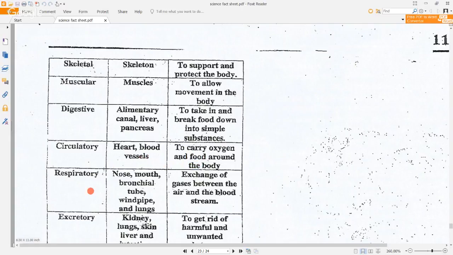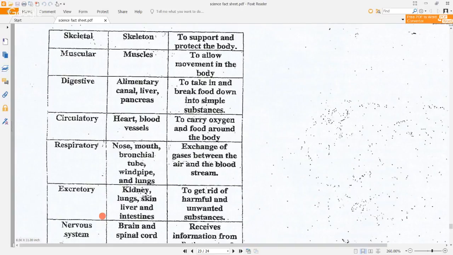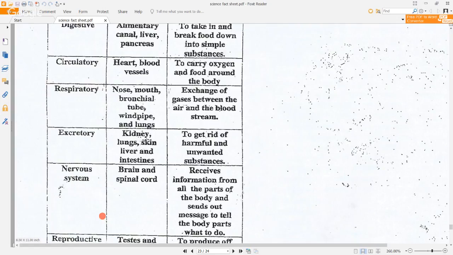In the respiratory system, we have the nose, the mouth, the bronchial tubes, the windpipe, and the lungs. Function: to exchange gases between the air and the bloodstream. Excretory: we have the kidney, the lungs, the skin, the liver, and the intestines. Function: to get rid of harmful and unwanted substances.